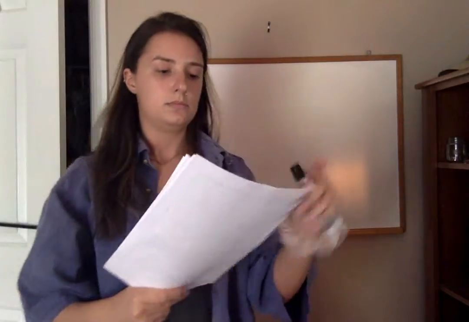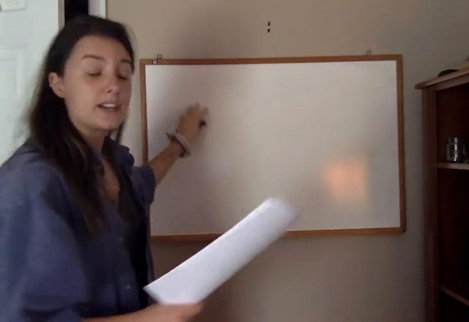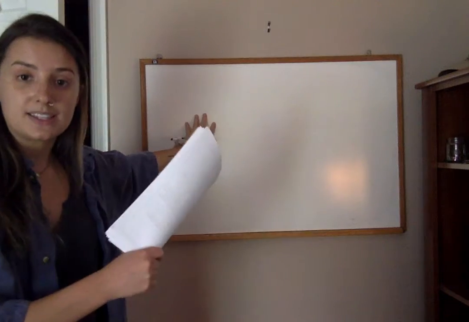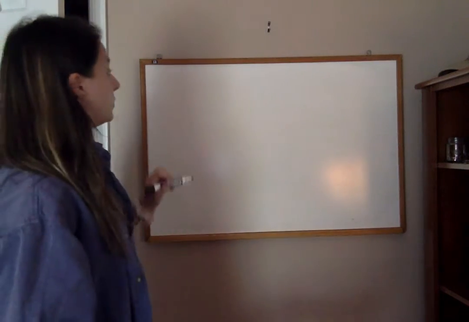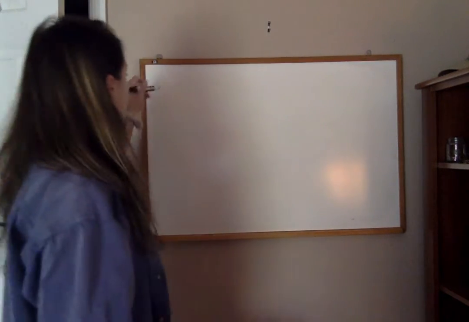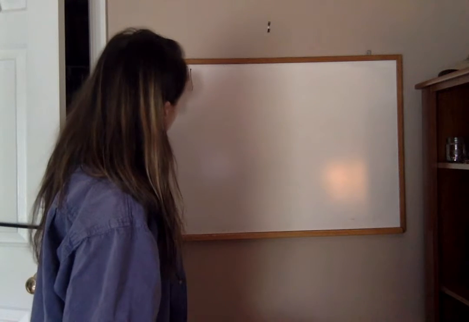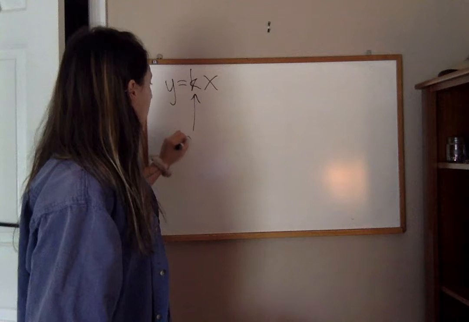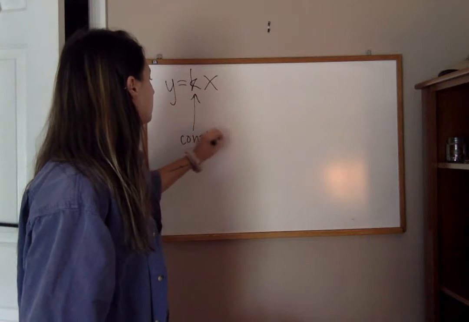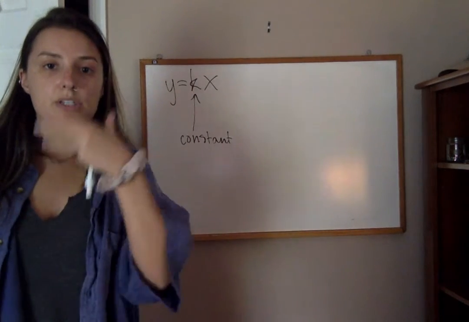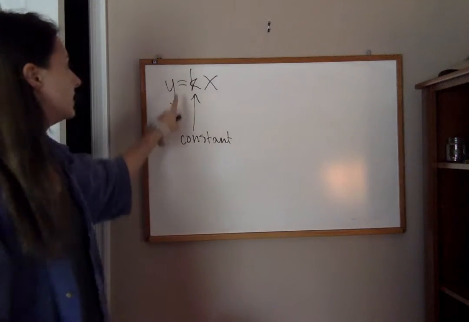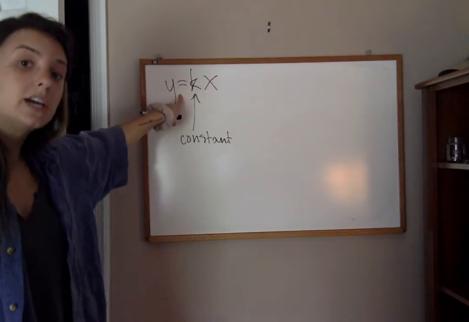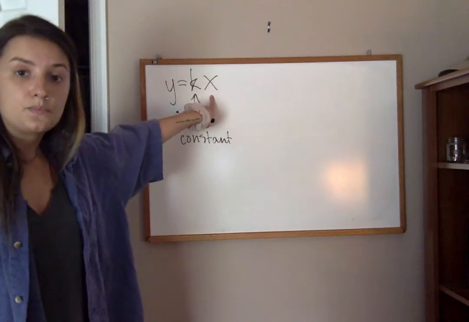So, up at the top here, direct variation. I'm going to write this and then I'm going to explain it. This is the equation for direct variation: y equals kx, where k is a constant, any constant. How you could speak this in a sentence: y varies directly with x.